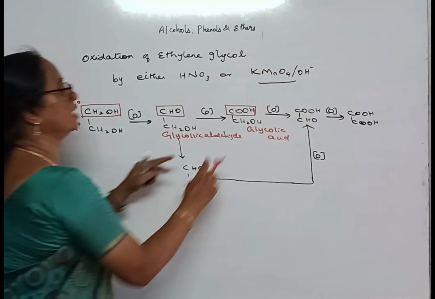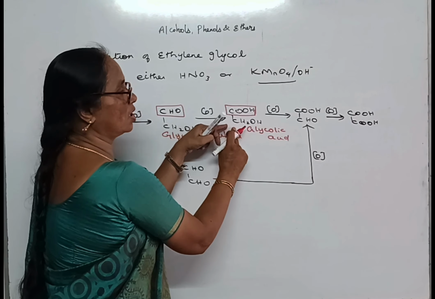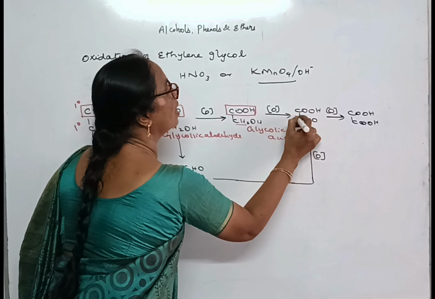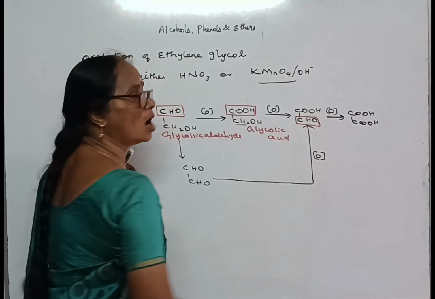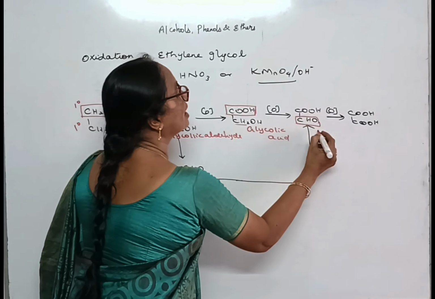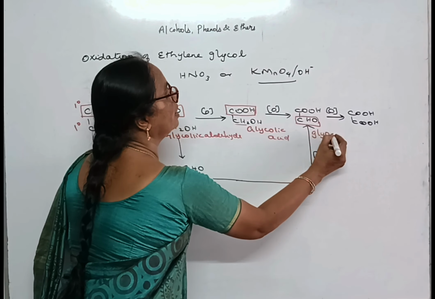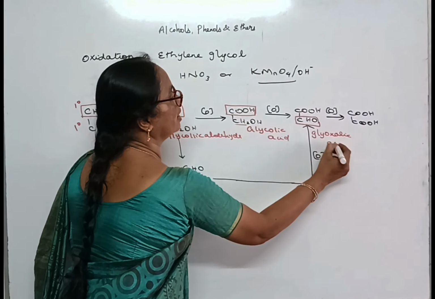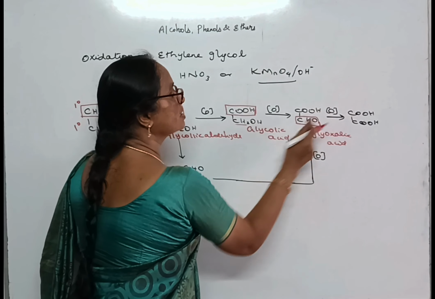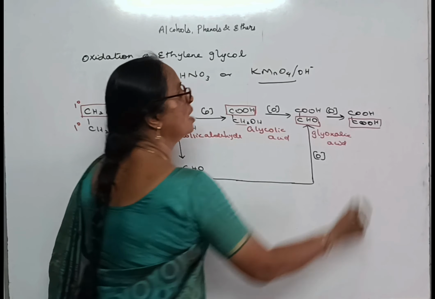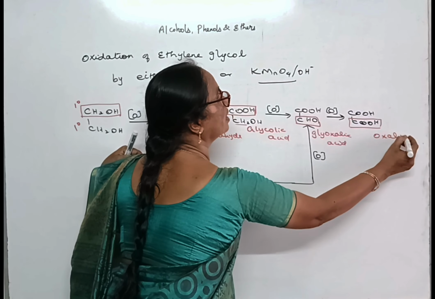In the next stage, the second primary alcoholic group undergoes oxidation. This primary alcohol is converted into aldehyde, and this is called glyoxalic acid. With further oxidation, this aldehyde is oxidized to carboxylic acid, so we are getting oxalic acid.